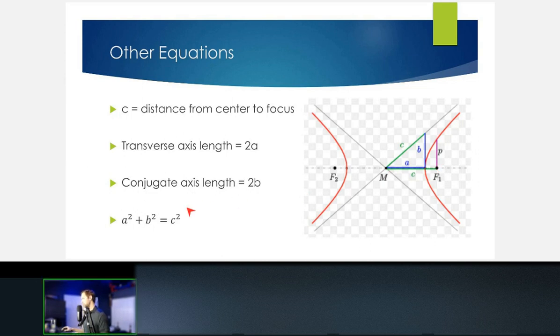So we're still using the Pythagorean theorem, but a, b, and c are different for hyperbolas. Don't mix them up. And if you have good notes, you could easily refer back from one to the other so you can flip your brain so you're not stuck on thinking about one versus the other. So a squared plus b squared equals c squared.